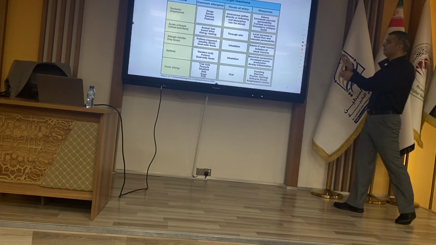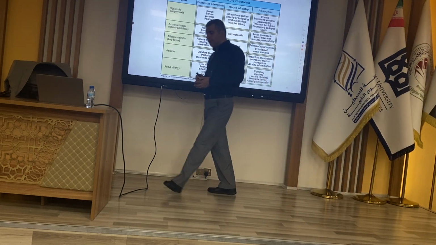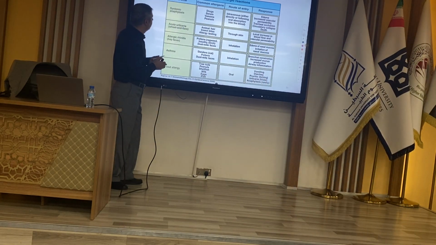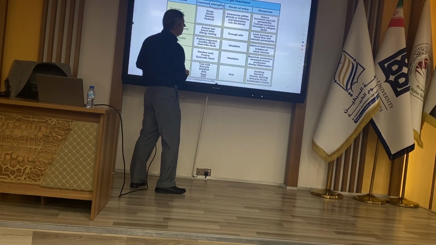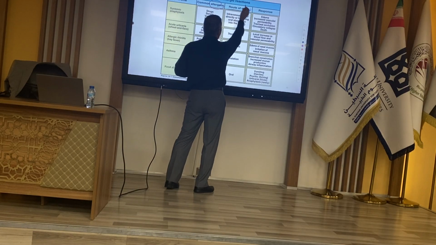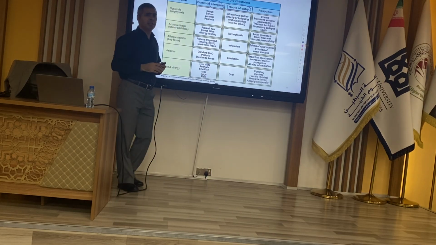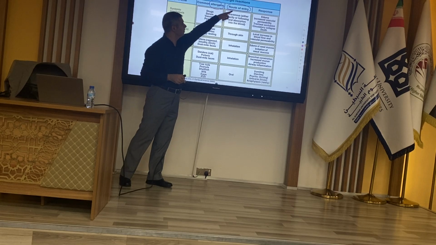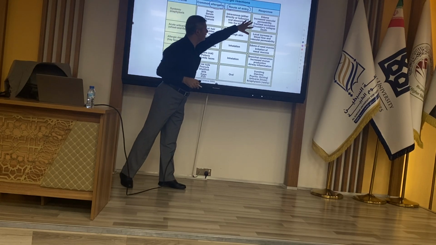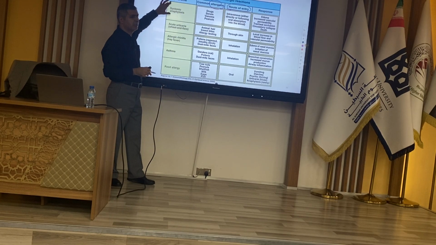So this table is very important again, because based on the type of allergen and the route of entry of the allergen, we will have different responses or different kinds of syndromes.